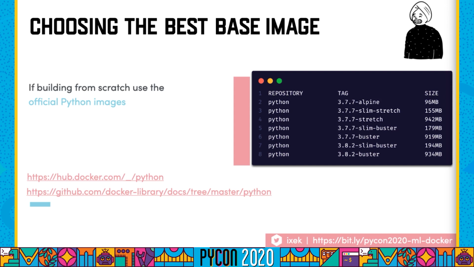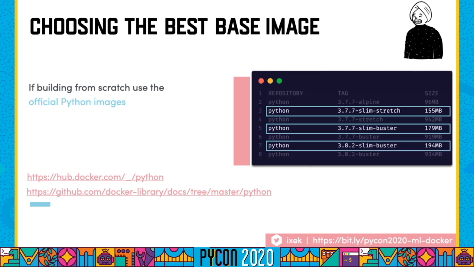To start with, if you're going to be building all your images from scratch, make sure to use official Python images. You can find them all in those links and find the different versions and tags. Now, going back to the question of Alpine Linux, it is a very lightweight base image, which means that you're going to have to spend a lot of time building libraries and dependencies, and it's not worth the complexity.